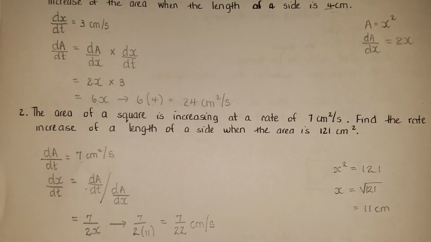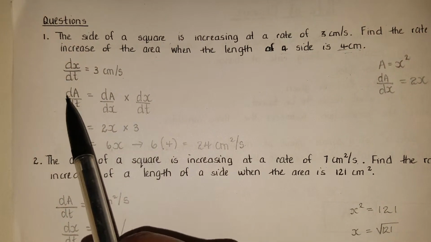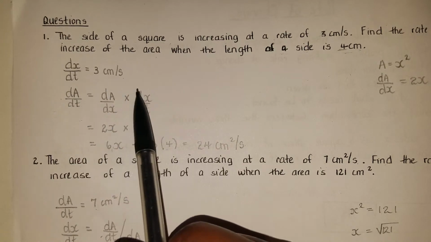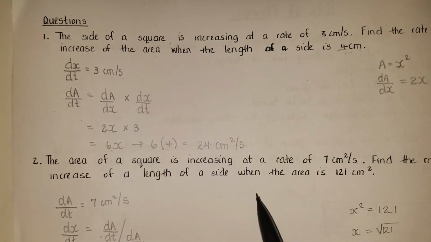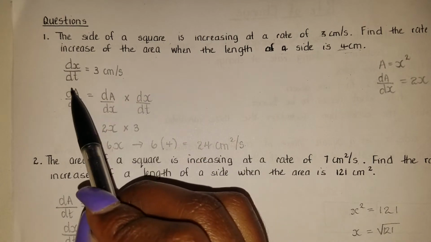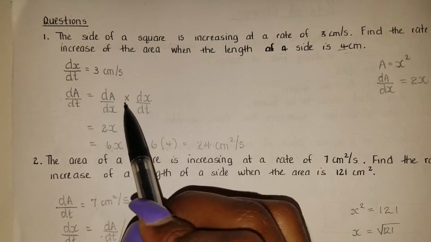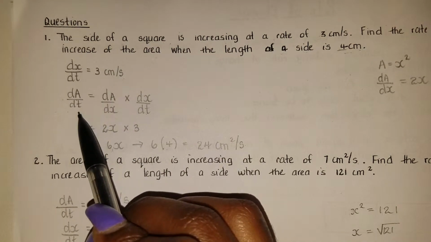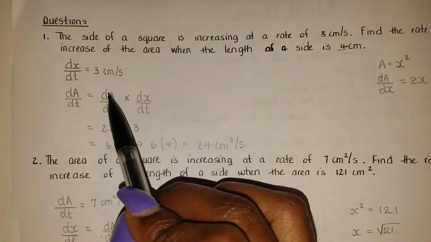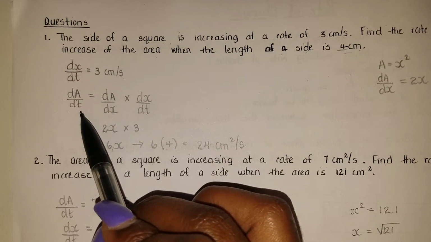So if we go back to the original formula, we can rearrange it, or transpose it, for dx/dt, which we need to find. So dx/dt will be equal to dA/dt divided by dA/dx, because the dA/dx that was being multiplied will cross the equal sign and get divided.